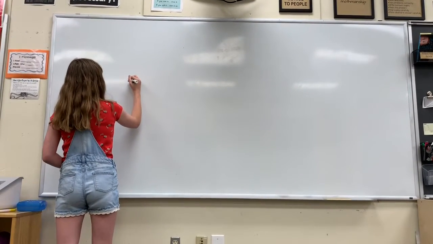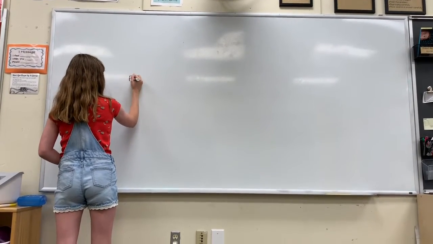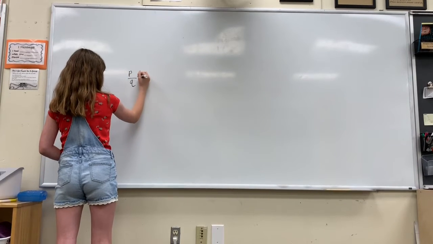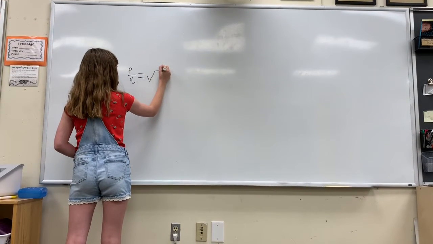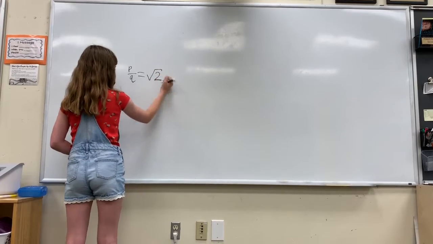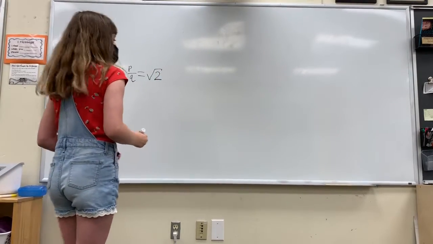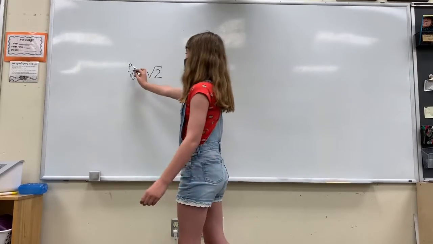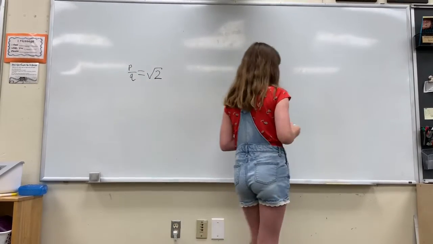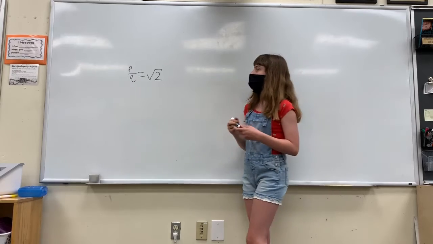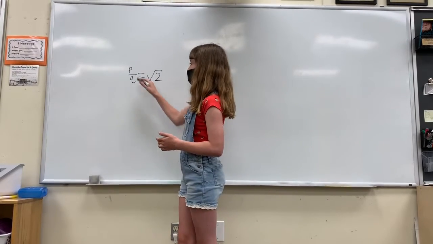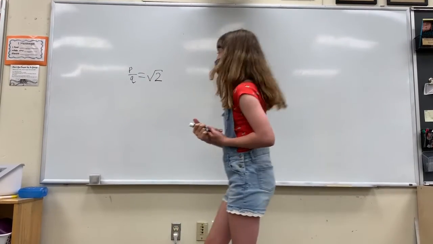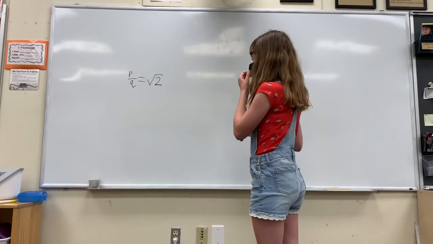So, let's just say it's p over q equals square root of 2. We also have to assume that p and q, that this fraction can't be reduced anymore. We've fully narrowed it down.